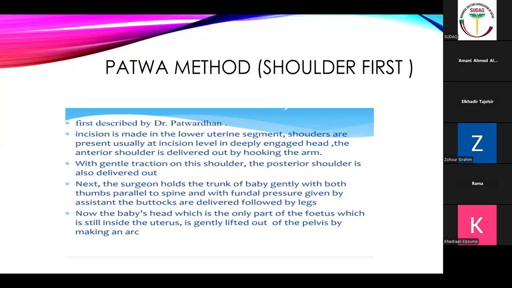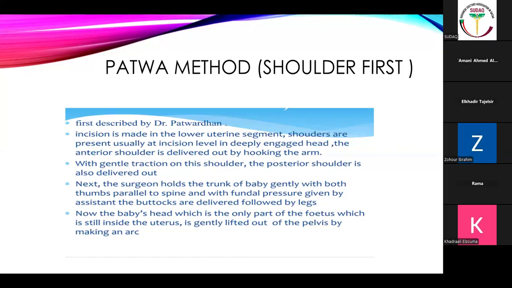In most cases where the head is deeply impacted, when you open your incision, you will find you are just above the shoulder or at the level of the shoulder. So what you will do is hook the anterior shoulder, get the two shoulders out, then get the buttocks out, and then the legs. So it is as if you are doing a breech extraction, but you started from the shoulder.